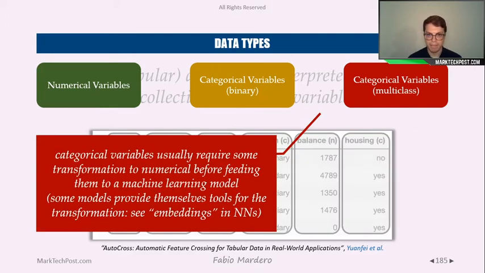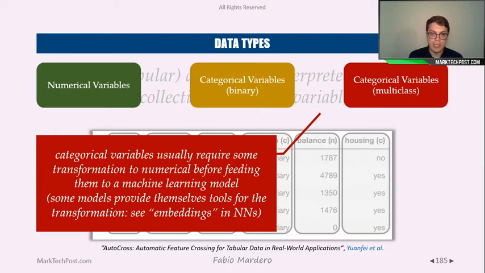The categorical variables, regardless of whether binary or multi-class, generally require some transformation to numerical before feeding them to a machine learning model. Why? Because in the next course we will see that machine learning models are just functions, and functions cannot handle text, for example. We need to cast that text into some sort of numerical encoding.